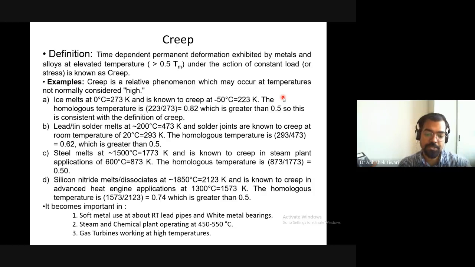So homologous temperature is a better way to describe it. If you want to compare, for example, the creep of lead and the creep of steel, you cannot compare by using absolute temperature. You can compare it by homologous temperature.